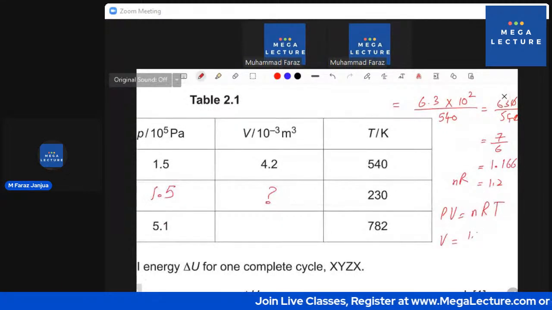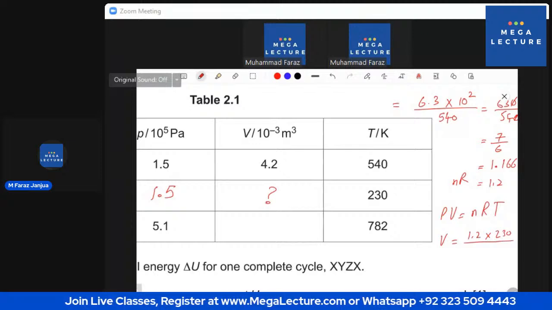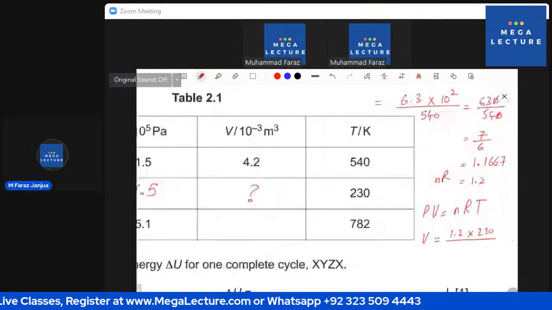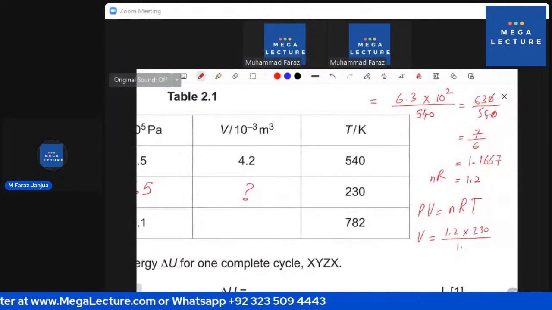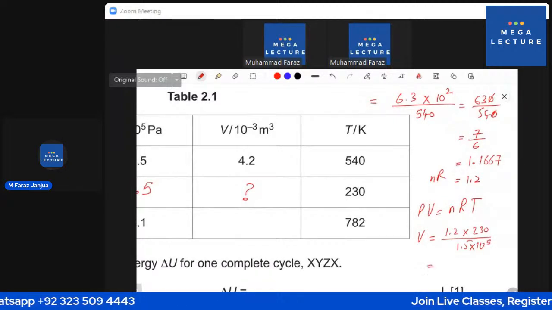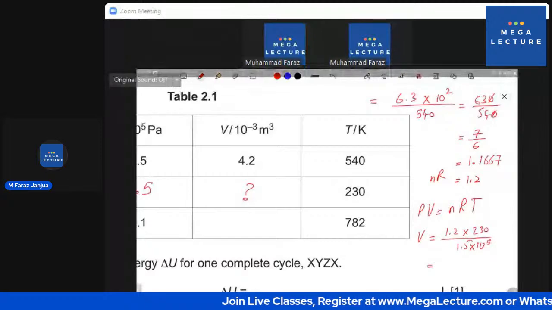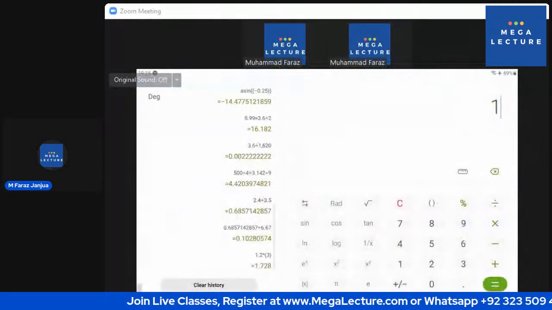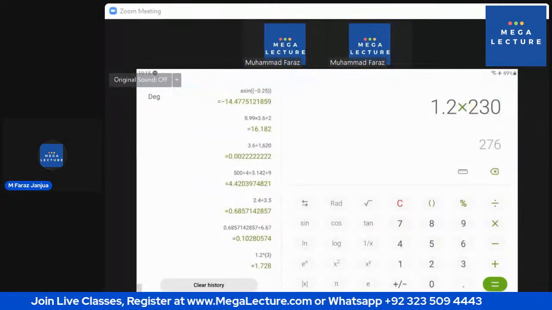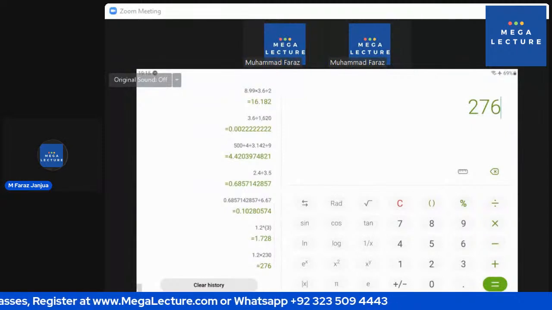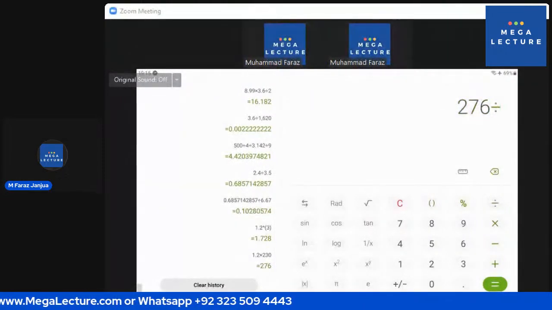T is 230 divided by P, which is 1.5 into 10 to the power 5. 1.2 into 230 divided by 1.5.